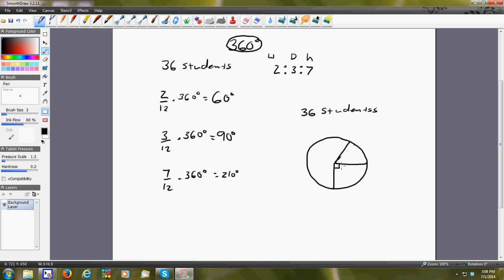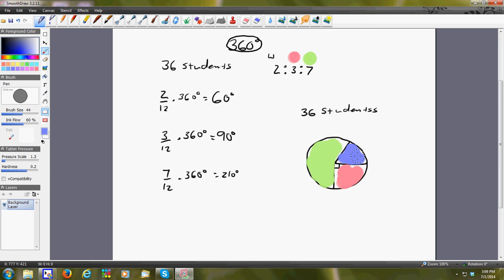And then my last one would be 210 degrees, which is actually fairly accurate. And if I want, I could make this green for my hitchhikers, and I could make my drivers red. Now I'm just kind of fooling around, but I think you get the idea. At least I hope you get the idea.